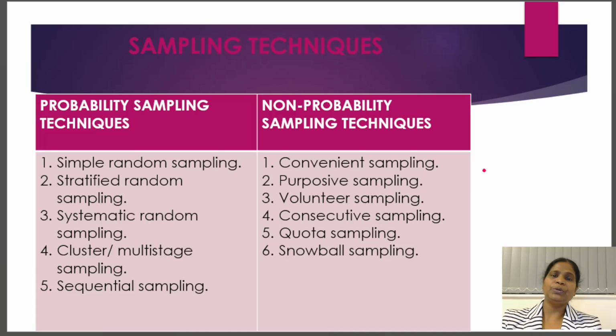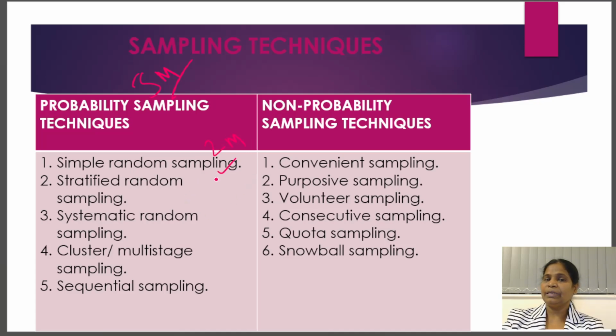Next, coming to different types of sampling techniques. We have two types: one is probability sampling technique and the next one is non-probability sampling technique. Under probability sampling techniques, this is the one which is asked most of the times for a 5 marks question: simple random sampling. This is asked for a 2 marks question as well.